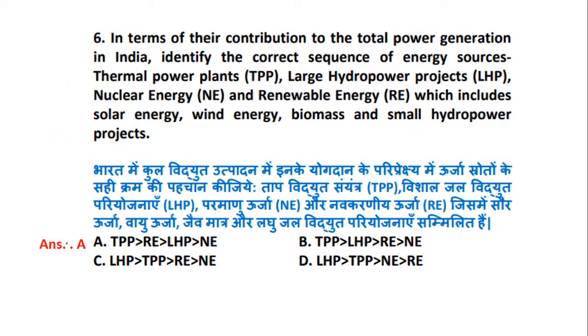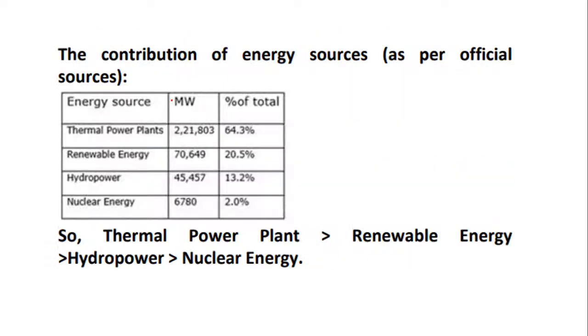the right option is option A actually, which starts with thermal power plants, then renewable energy, then hydropower projects, and nuclear energy. As I said, this comes with the percentage. Percentage-wise, the highest is contributed by thermal power plants, that is 64%, renewable 20.5%, hydropower 13.2%, and nuclear energy 2%.